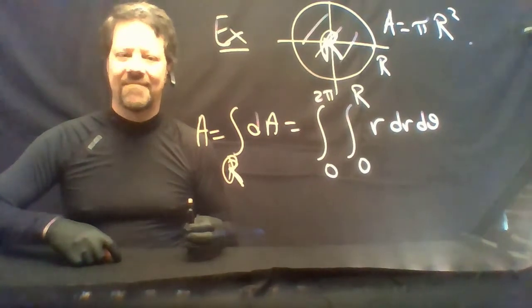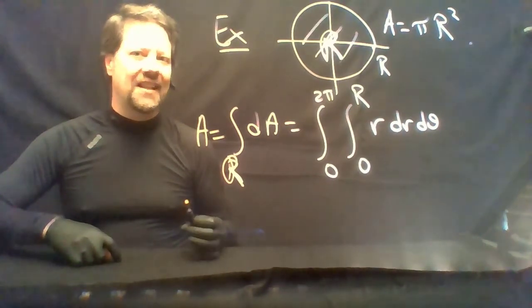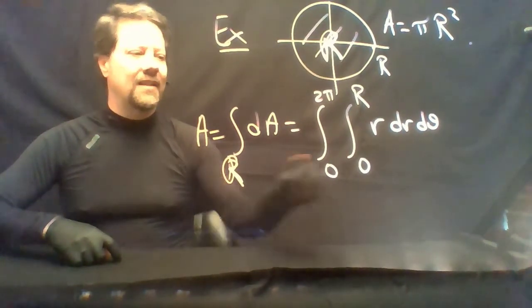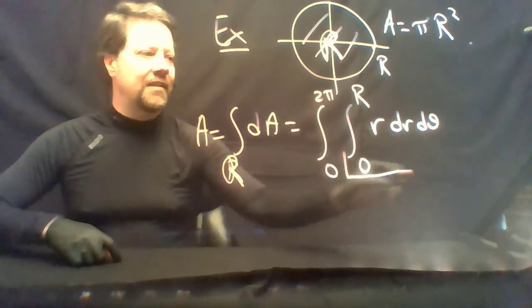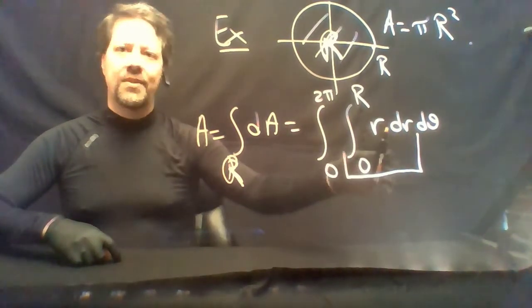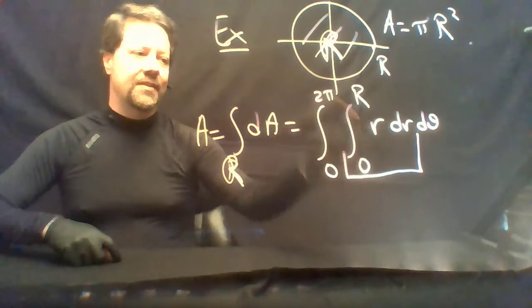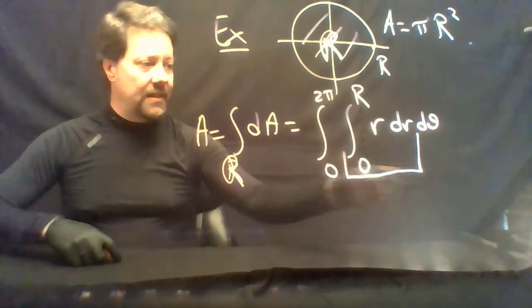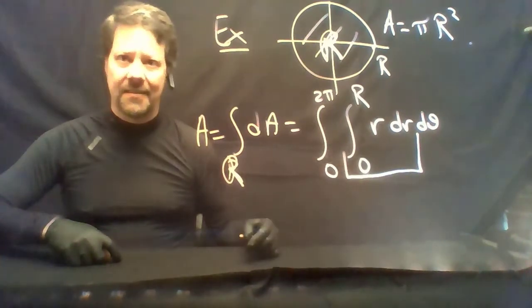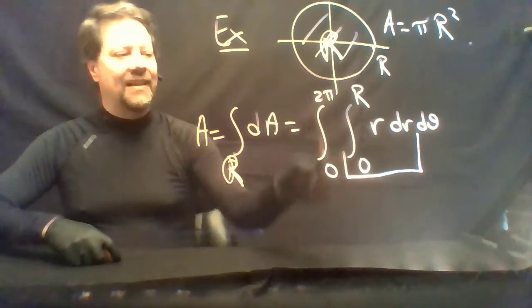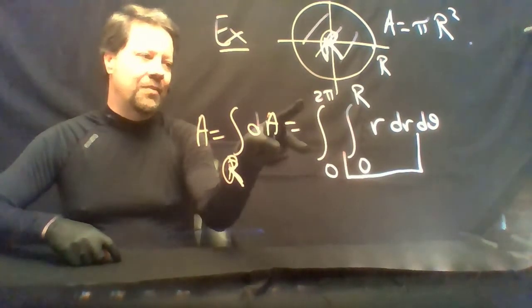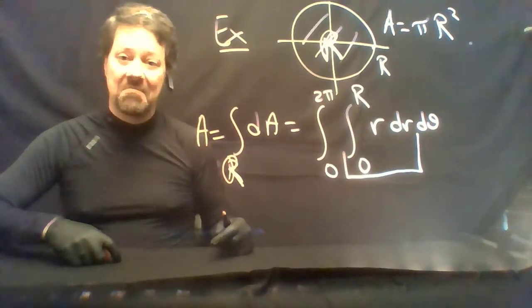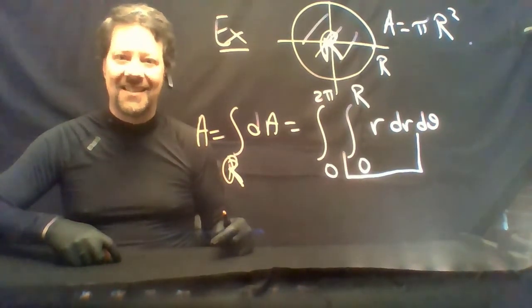big R. Now, there are a couple things I'd like you to notice here. One thing is that on the inner integral, once you integrate and evaluate the endpoints, since all of the limits of integration are constant, this integral will give you a constant. And if you integrate that constant on an interval of length 2 pi, you'll just get 2 pi times that constant.